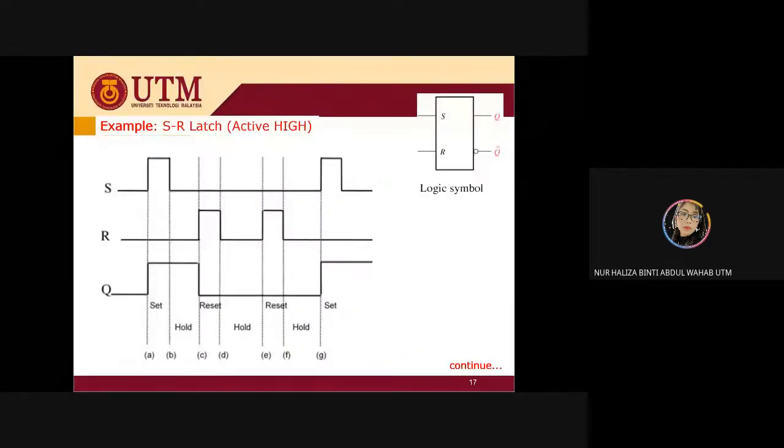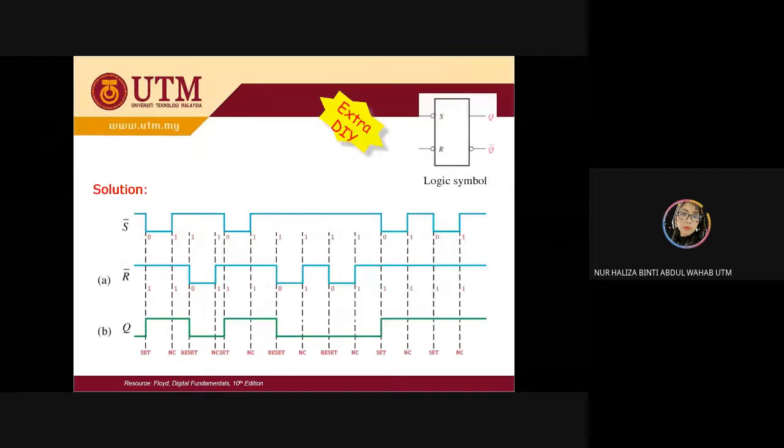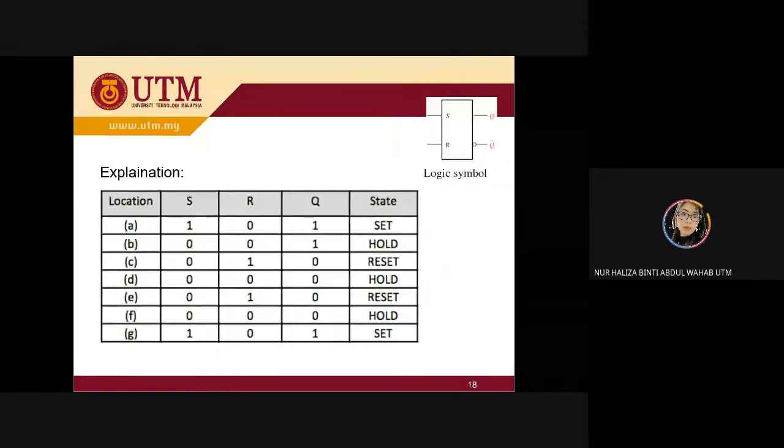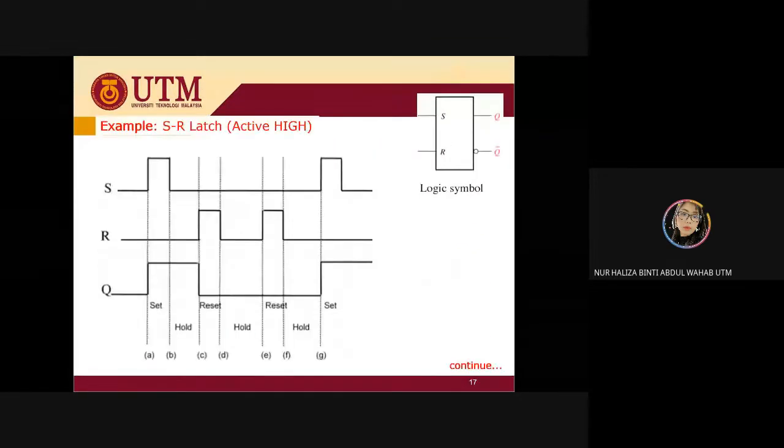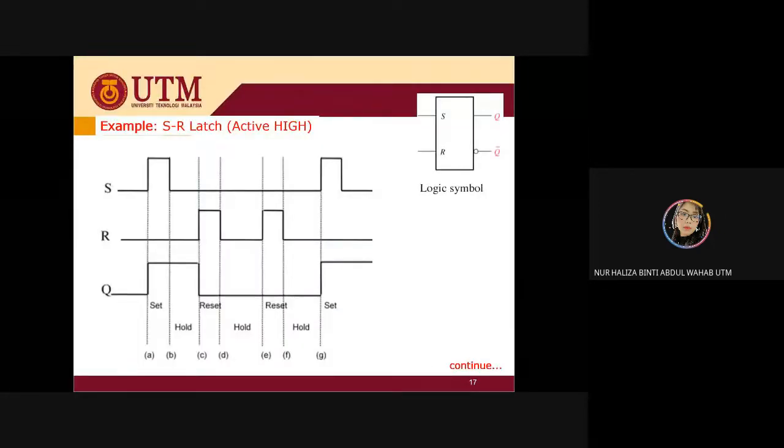Okay, until this part, before we go to another latch, let's look into this example, the timing diagram. Because now I already gave you one, right? Let me check another example given in this slide. You have the first hint, active high, and the RS.